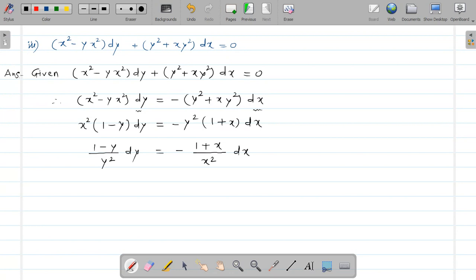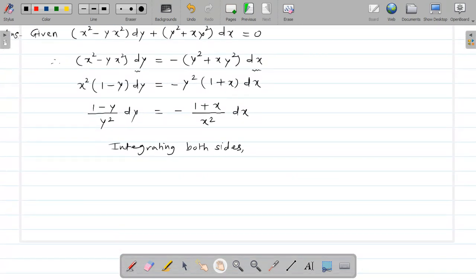Now you have to take the integration. So integrating both sides, after this separation you can integrate both sides. So what will you get? Here you have to find the integration of (1 − y)/y² dy is equal to, here minus as it is, into the integration of (1 + x)/x² dx.